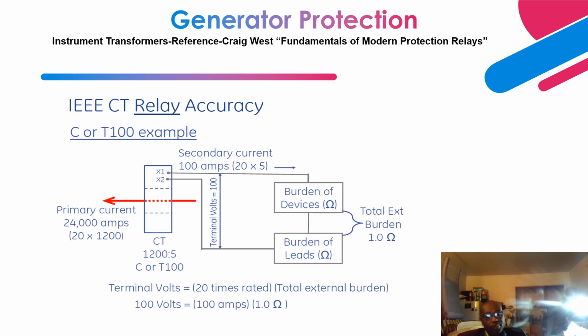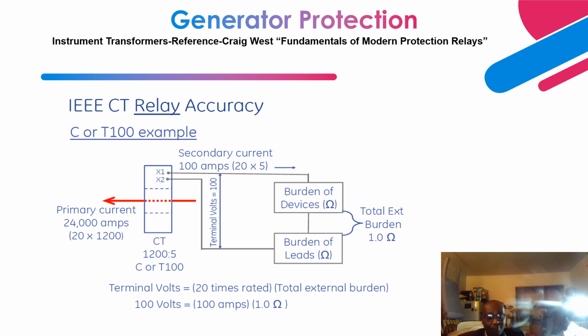So this is what I explained in the previous slide. The relay accuracy is very, very important, especially for protection relays. Like I indicated, with the terminal volts on the secondary side, what you want to achieve for a C100 accuracy class CT is 20 times rated.